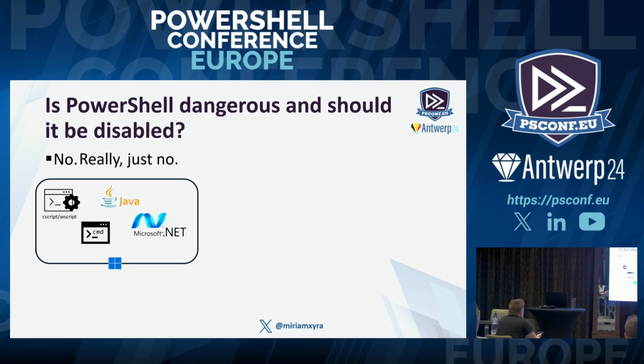If you look at a Windows operating system, there are so many languages that are pre-installed, languages that you are used in your daily context. What about CMD? What about C-script? And okay, in some cases I would like to disable Java, but that's my personal preference.